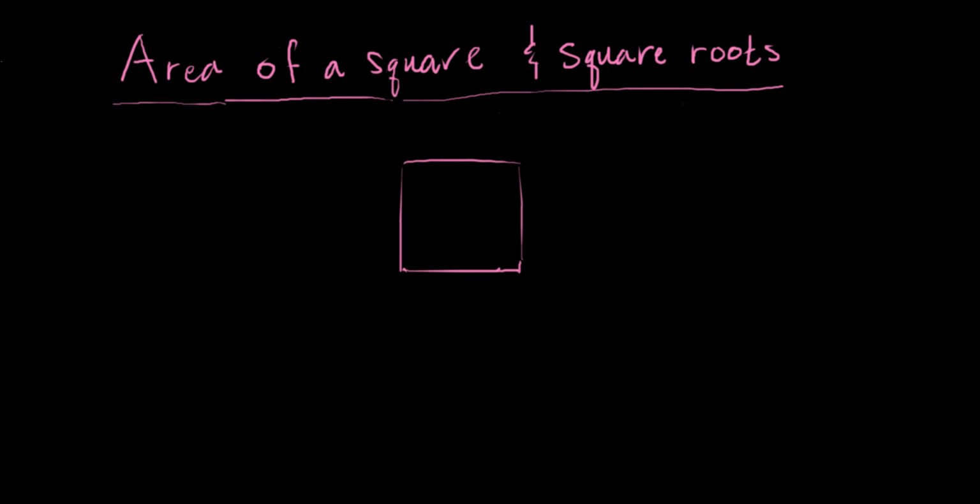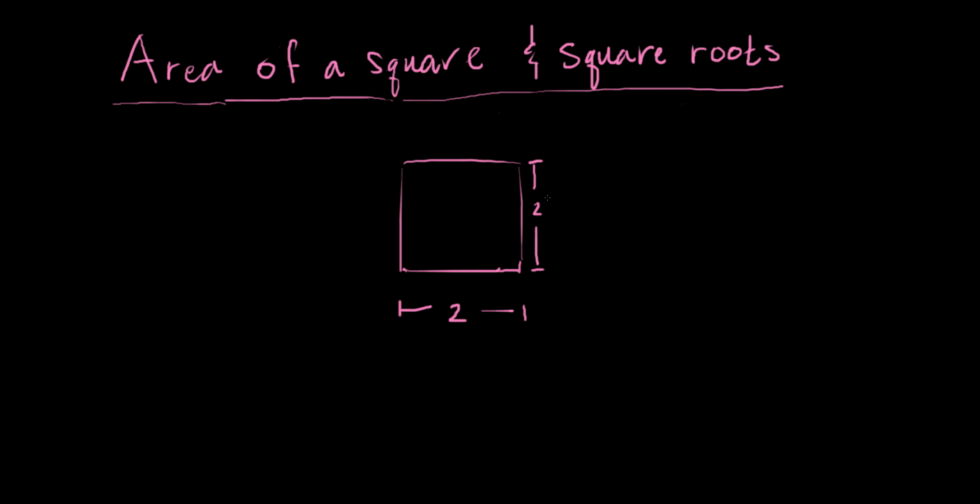Let's say I have a square, and let's say that for this square, this distance right here, this bottom length of this square, is 2. And let's say that this length right here has a value of 2.